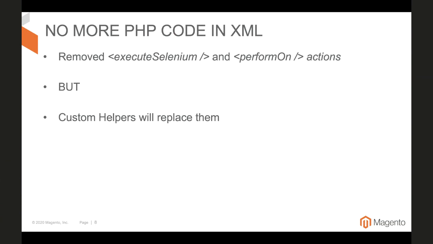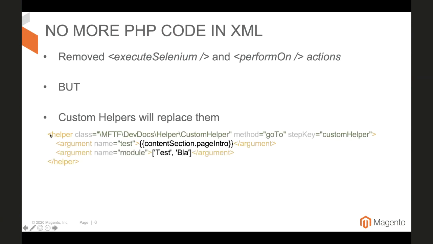The good thing is that you can call those custom helpers from XML. It will look like this. So that's going to be your syntax to call this helper. You will specify a full qualified class name, and also a public method which is going to do something for you.